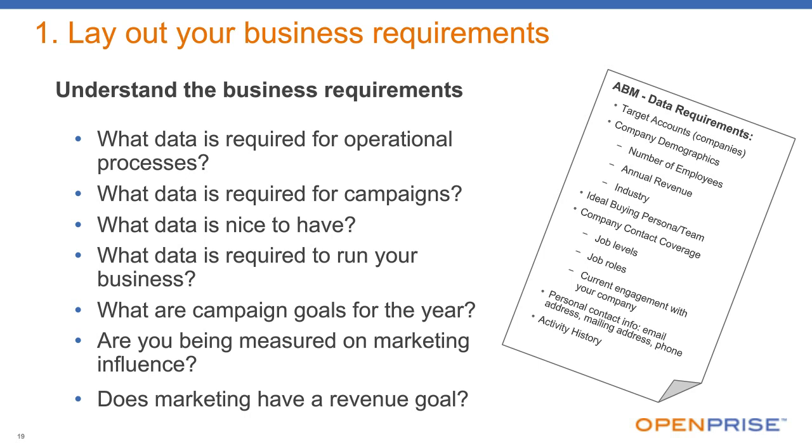What do you need to run your business today? And what are you going to need in six months or a year? You don't want to have a narrow view, but you also don't want to plan for five years out. Everything's going to change by then anyway, including the technology. What do you need for your processes, your campaigns? What are your goals, and how are you going to make sure you're meeting the business requirements for those goals?